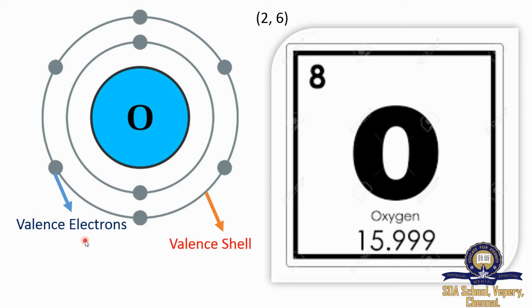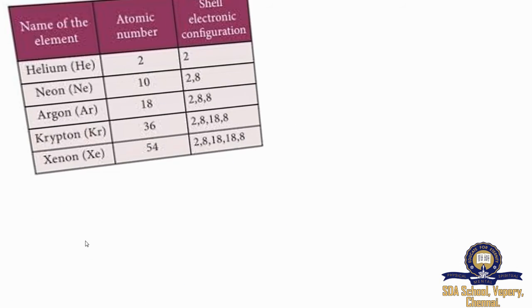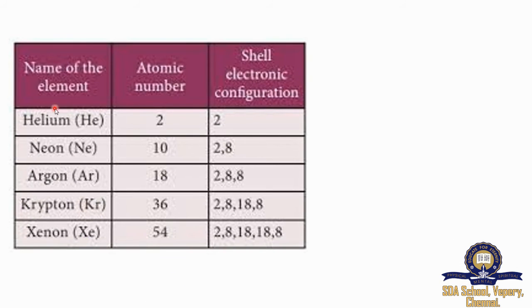So let us consider the noble gases. We know that the noble gases are helium, neon, argon, krypton, and xenon. Except helium, which has only 2 electrons, known as the duplet structure, all other elements have 8 electrons in the valence shell, the outermost shell, which is the most stable arrangement of an atom.